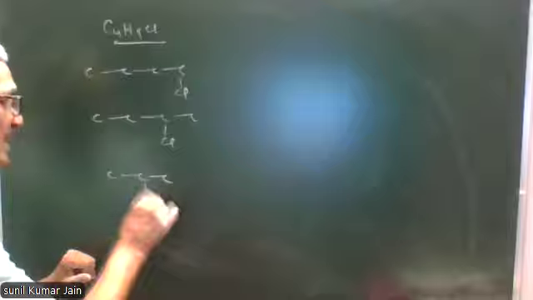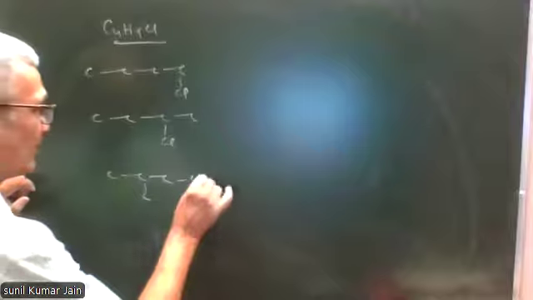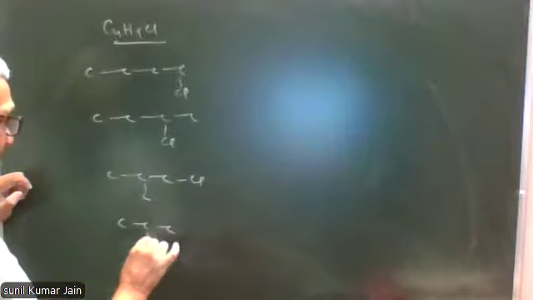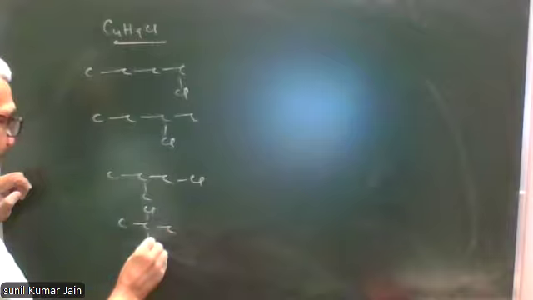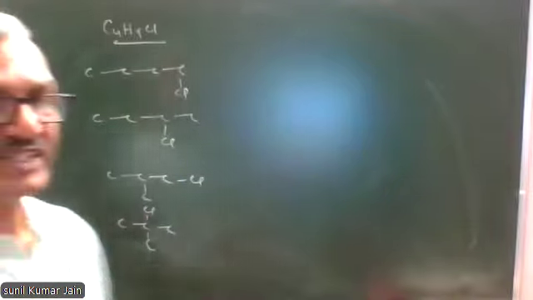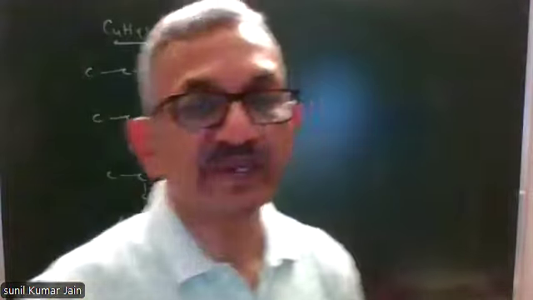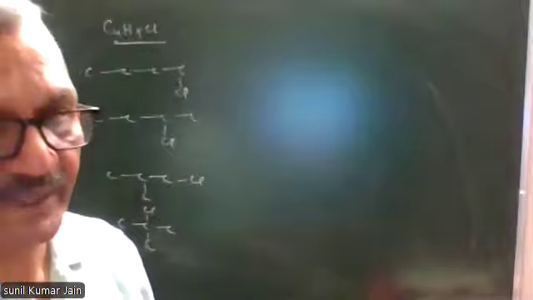Attach this leftover carbon atom to the middle carbon. Use this arrangement of carbon atoms and keep on shifting the position of halogen. If I attach anywhere else, it will be repetition, right?